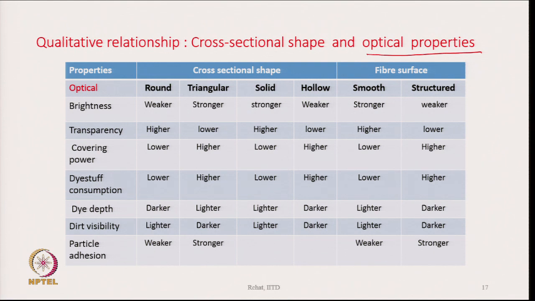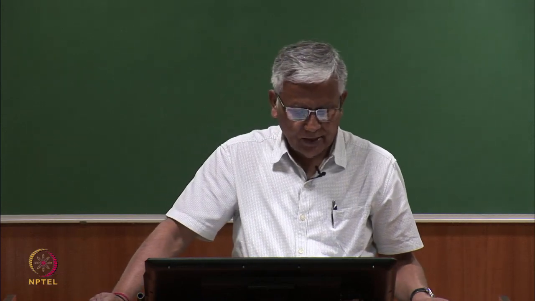The dirt visibility is important for carpets. There, dirt visibility is very important. So, particle adhesion: depending upon the type of product and specific attributes that we need in that product, we should choose the right type of fiber.